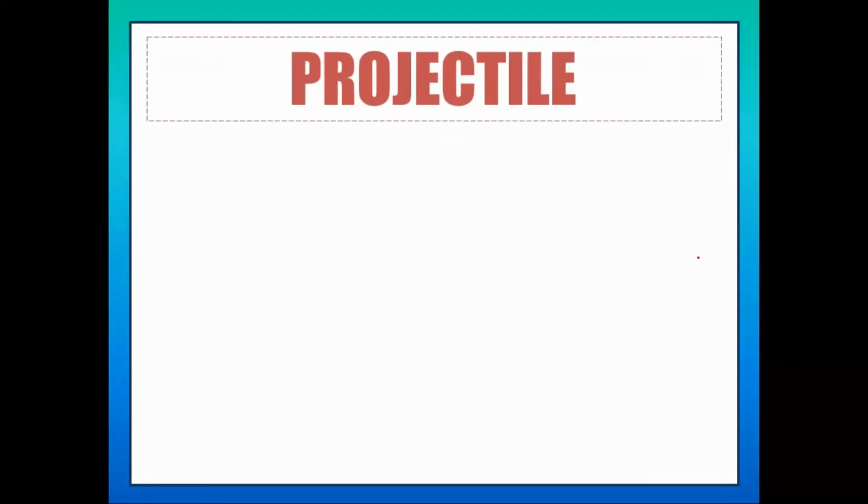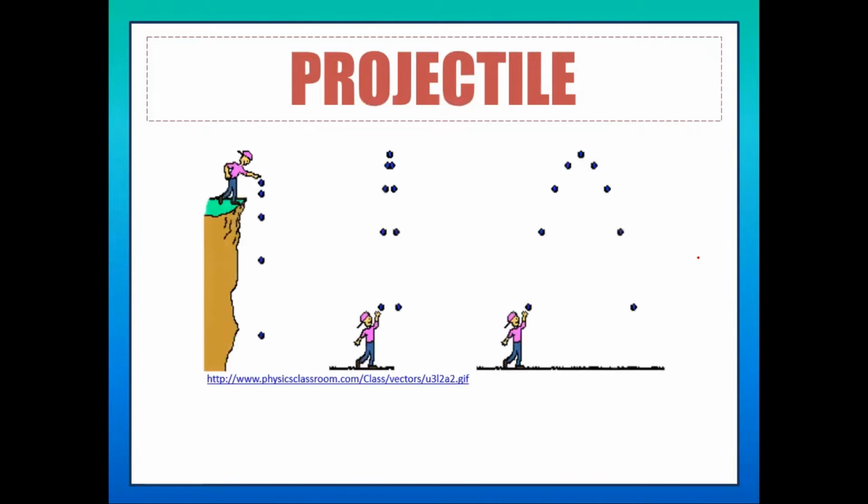As mentioned last time, a projectile is an object upon which gravity is the only force acting. An object dropped from rest is a projectile. An object that is thrown vertically upward is also a projectile.